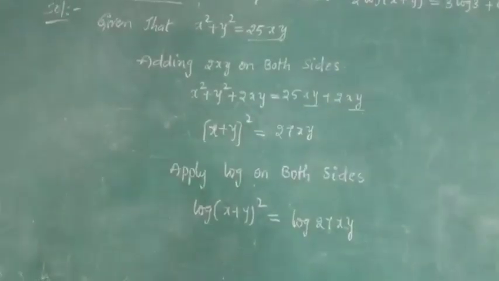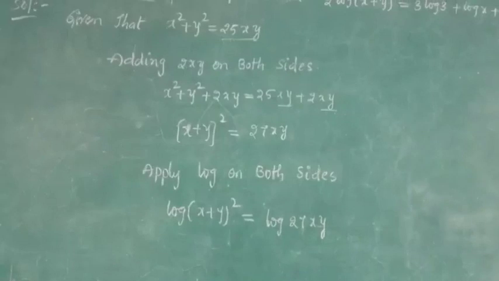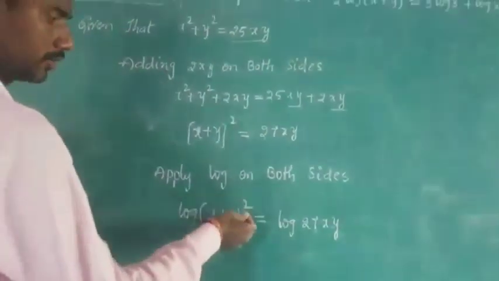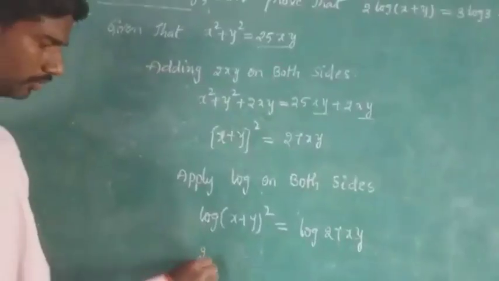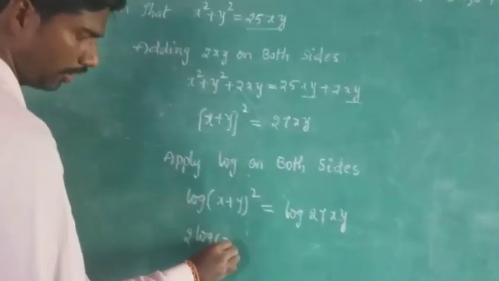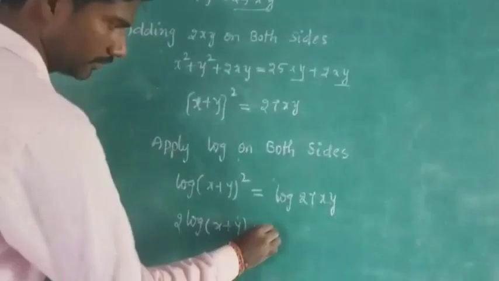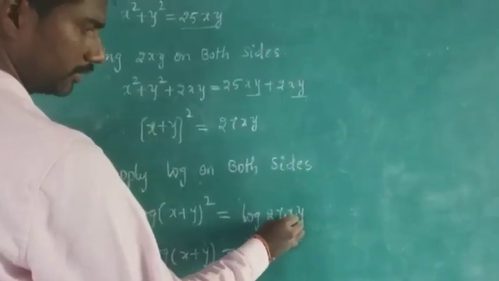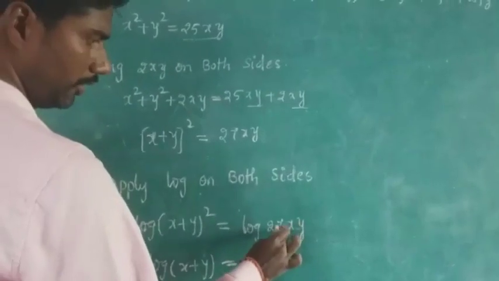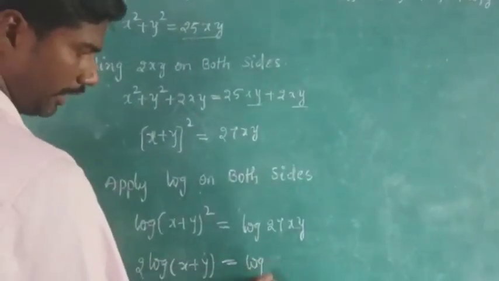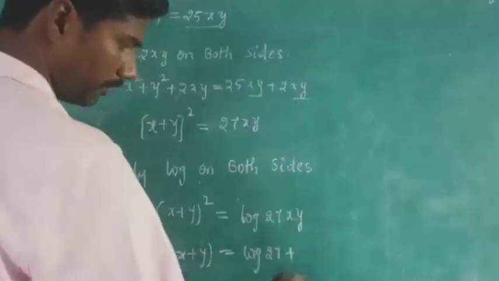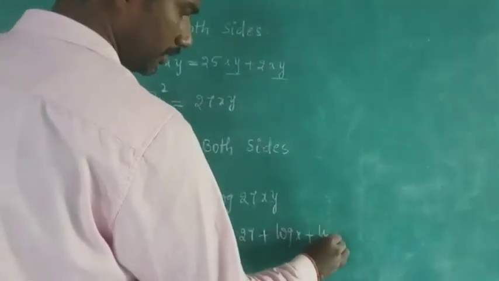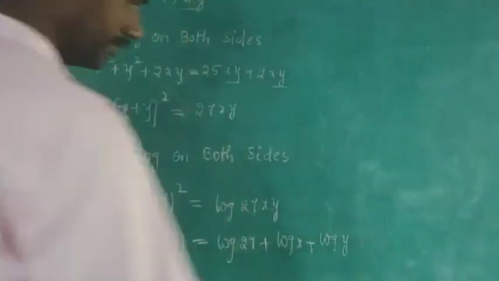We applied the log on both sides, right? So now this is the power rule. You understood clearly. This 2 you are writing in front of the log: 2 log of x plus y is equal to, this is a product, so you can write log 27 plus log x plus log y.